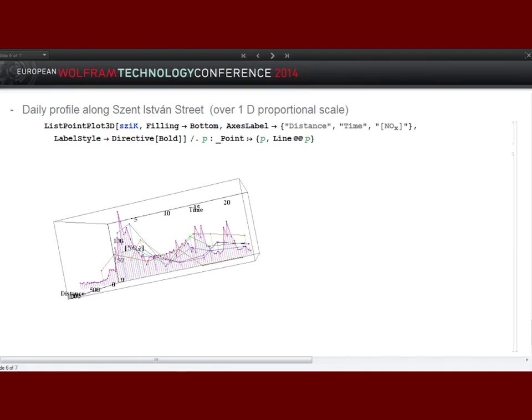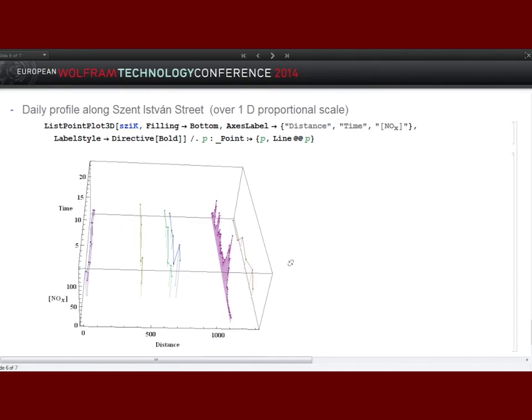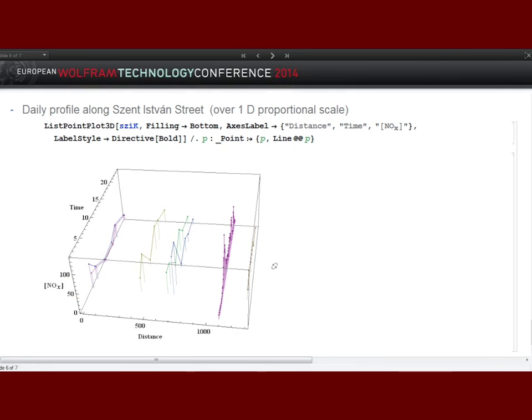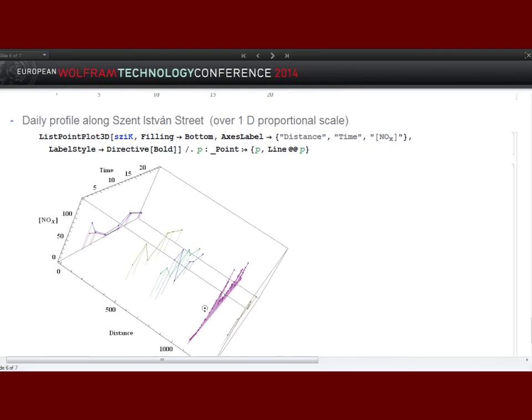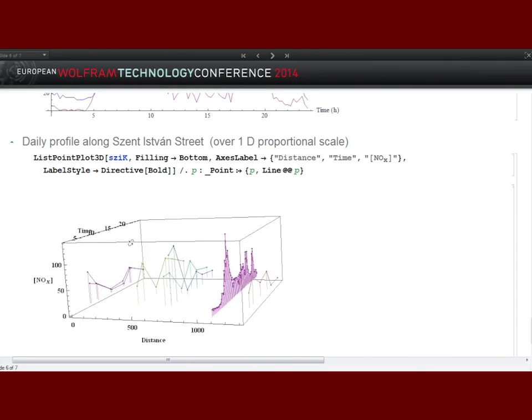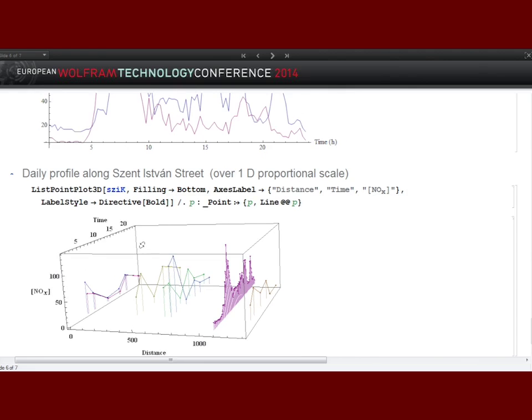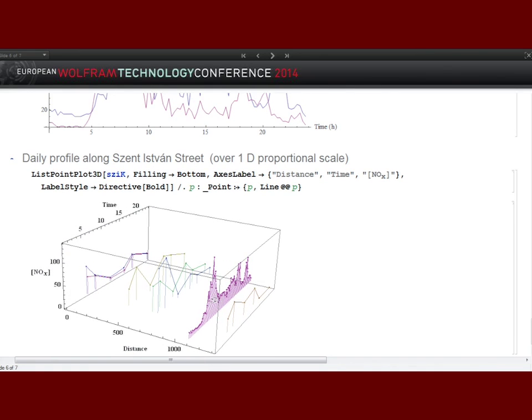It is along Szent István Street, which is quite straight and almost in a west-east direction. And the container is almost next to the street, about 10 meters from there.